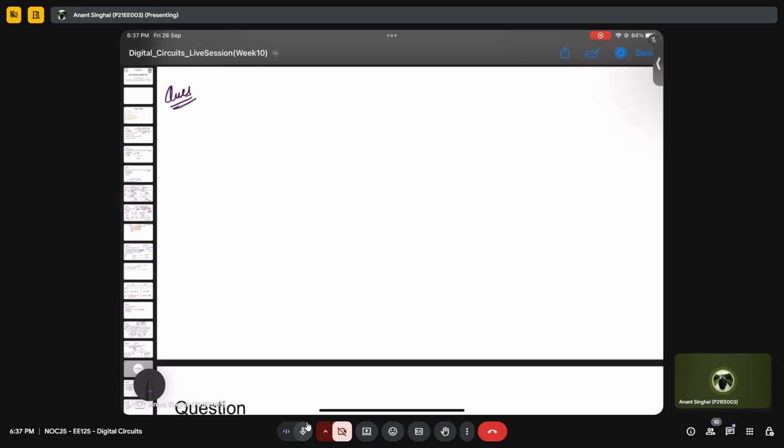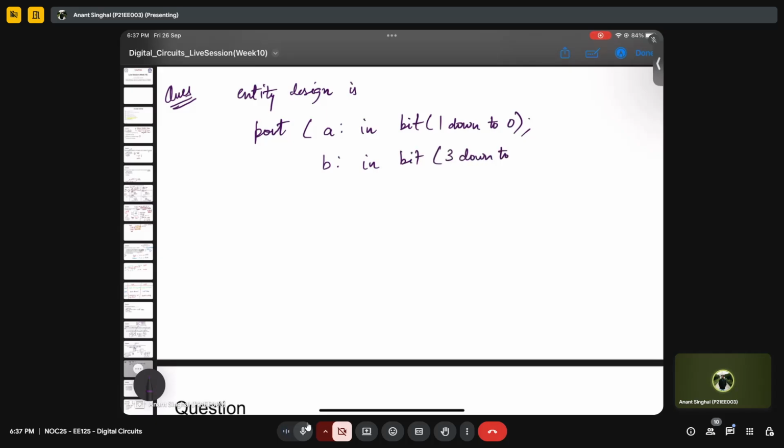The problem is, let's say I have given you both the entity code as well as the process code. Let me write that. My entity code is entity design, and I have ports. The ports given are A, which is an input port of bit 1 down to 0, and B, which is again a bit vector 3 down to 0.